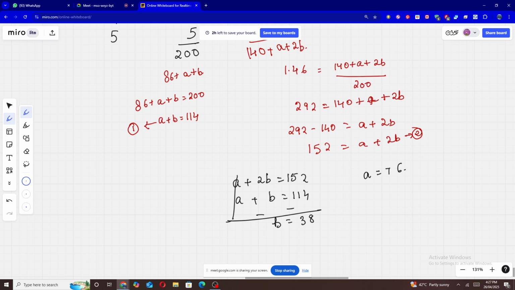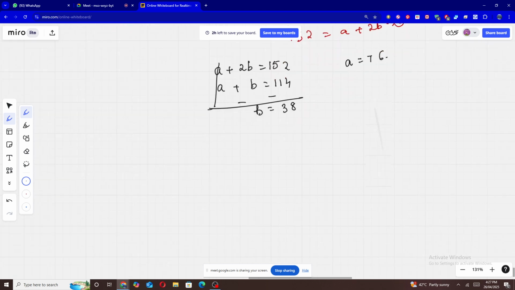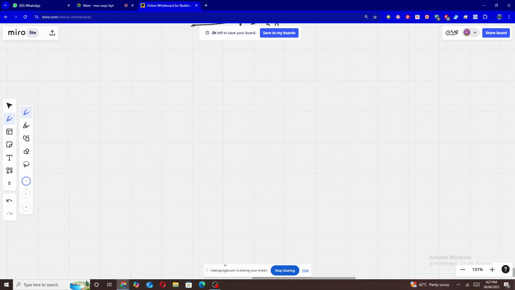I am just going to the new method, which is the shortcut method. I will do one question using the shortcut method. Please observe carefully, and after that you guys will do.